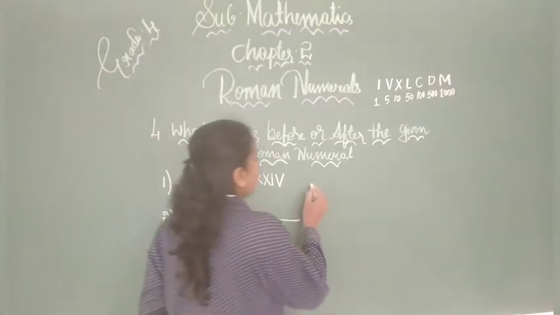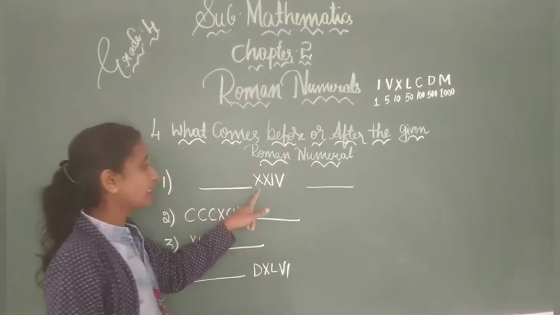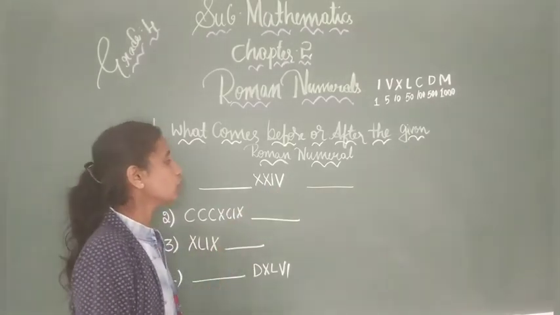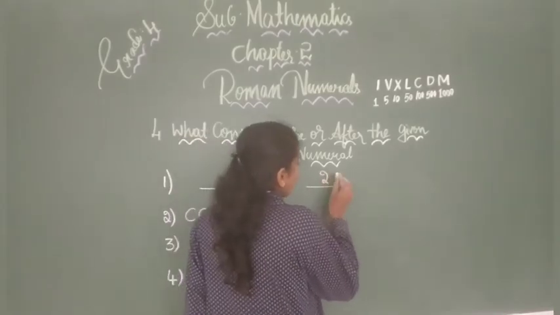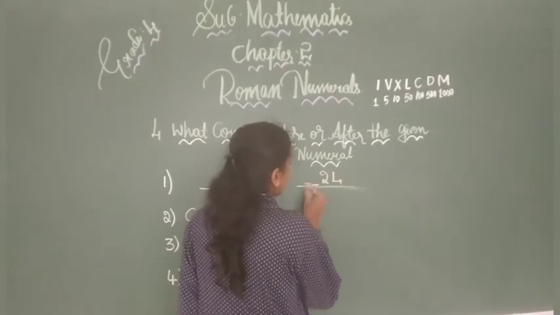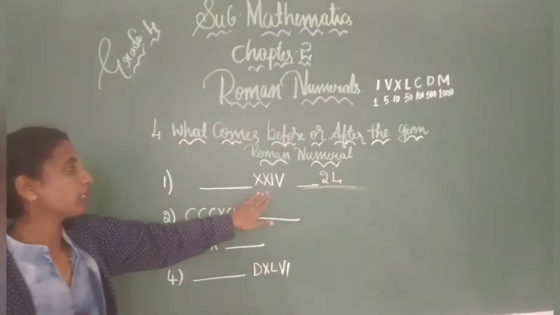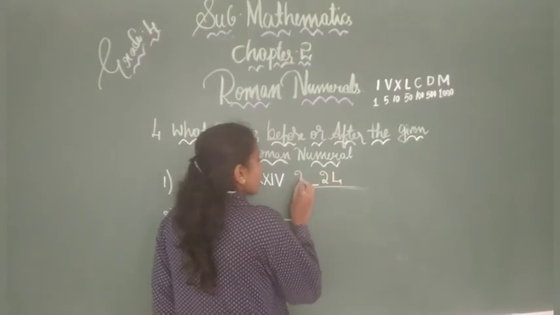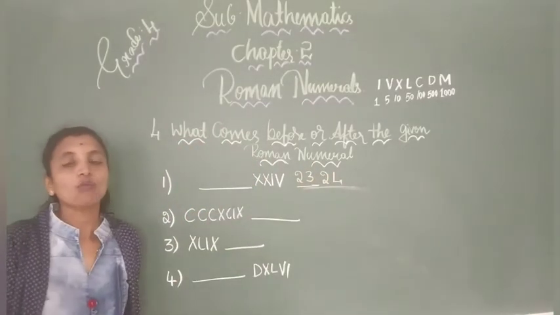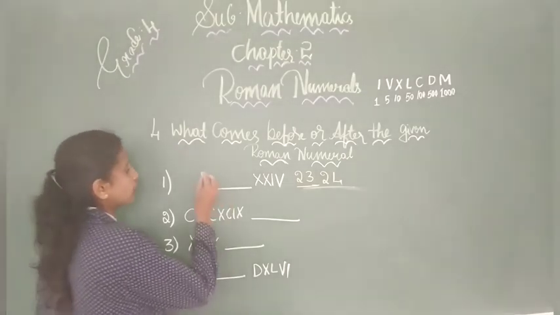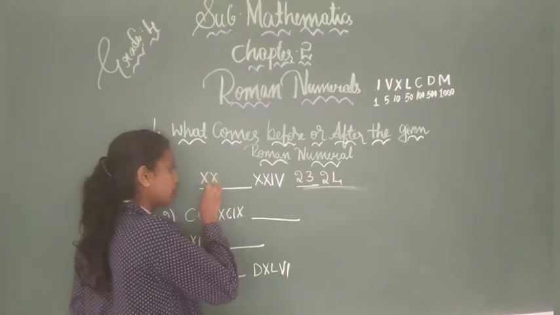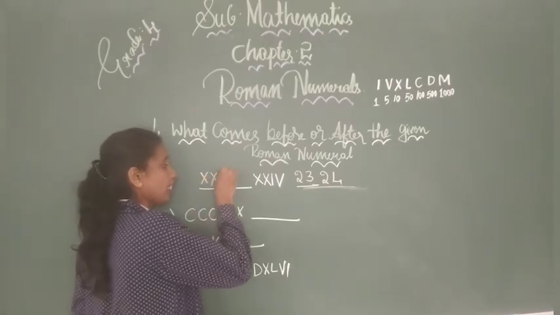Look, XX means 20, IV means 4. So 24 is the number. What is the number before it? It is 23. How can you write 23 in Roman numerals? Write with me. Look carefully. XXIII.